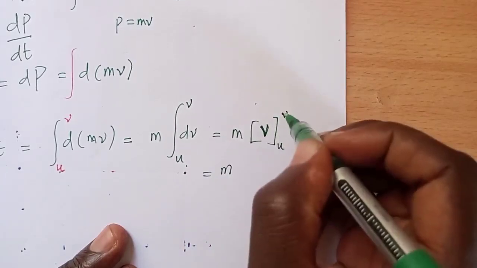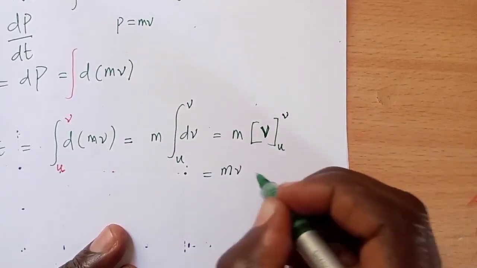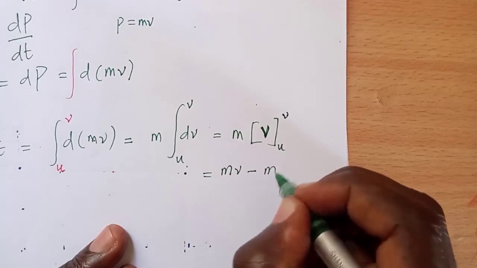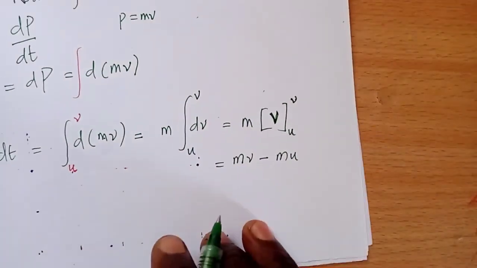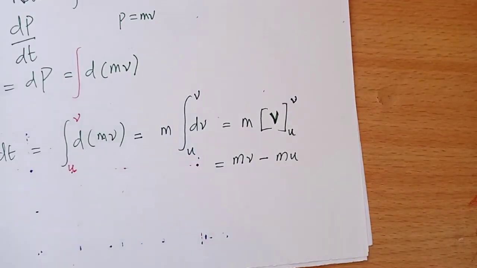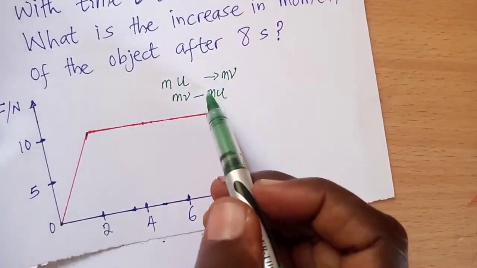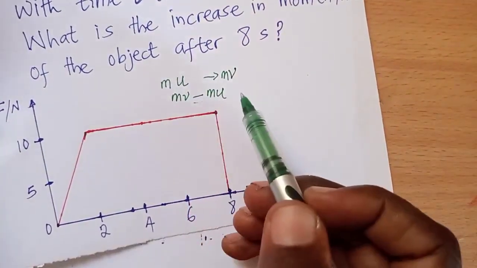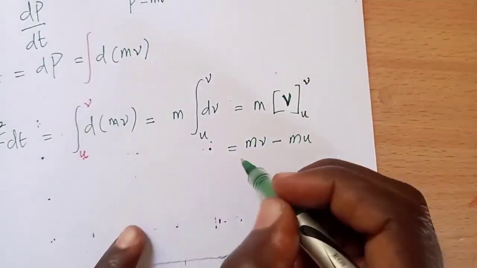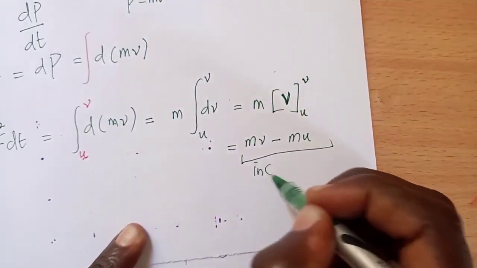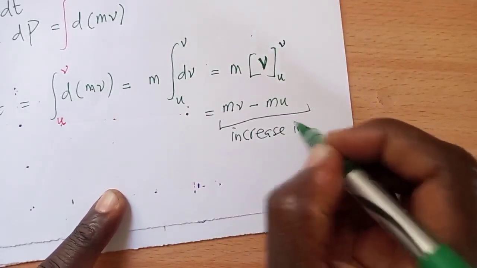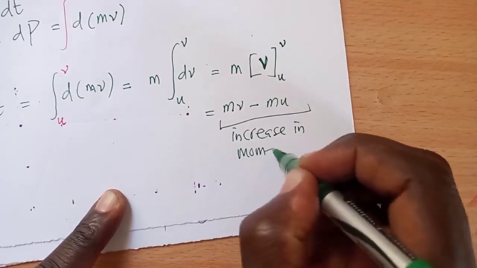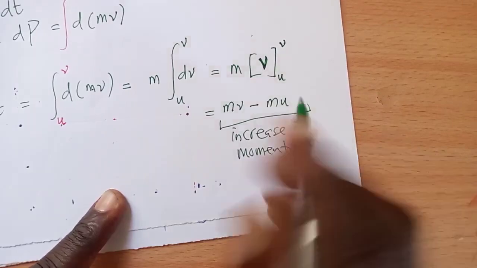Anywhere I have v, I substitute the upper limit, then minus m again, and I substitute u. So I have mv minus mu, which is exactly here. You see, mv minus mu. This is my increase in momentum.